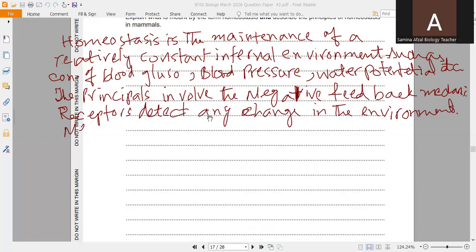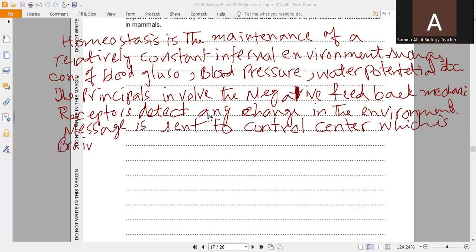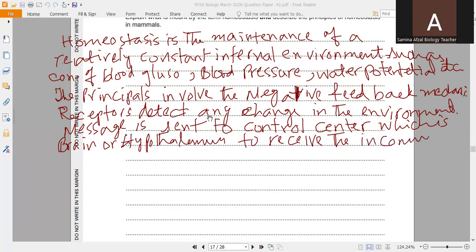A message is sent to the control center, which is the brain or hypothalamus, to receive the incoming sensory information.